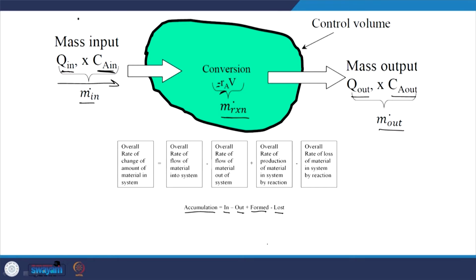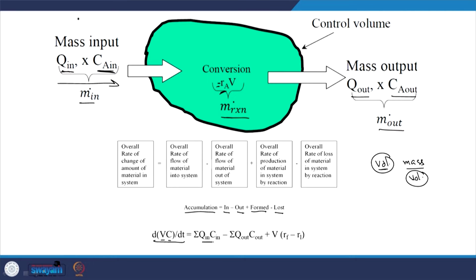So, if I put this in terms of the variables that I am going to use, I have d(VC) by dt, right. V into C is nothing but mass, as in V is volume and concentration is mass per volume, right. And so, if these two cancel out, I am left with mass. So, it is nothing but change in mass per time within that control volume.